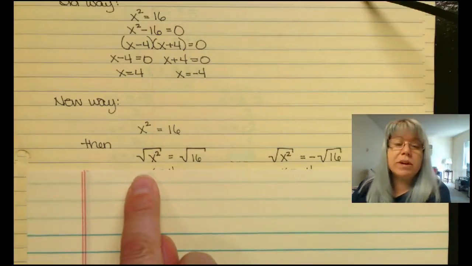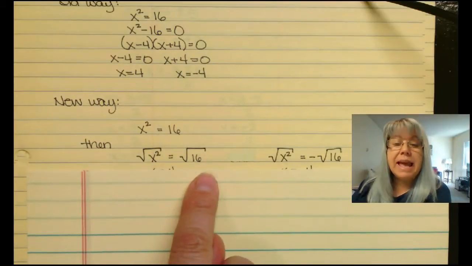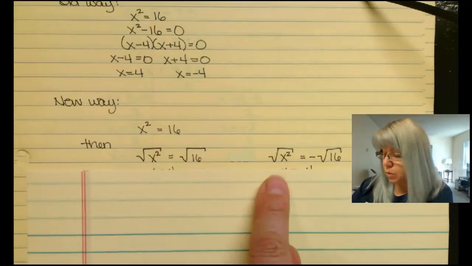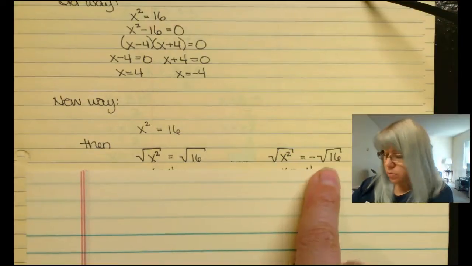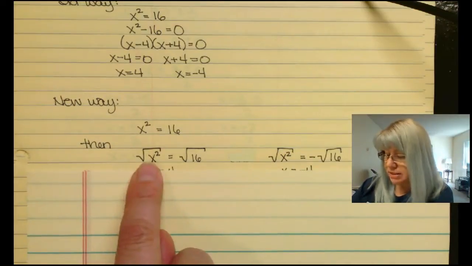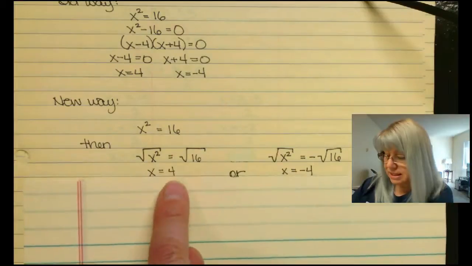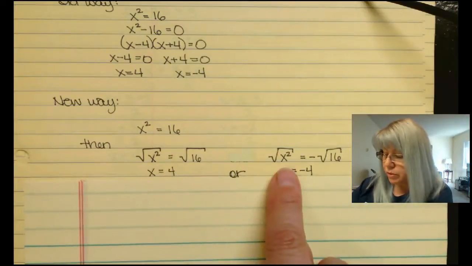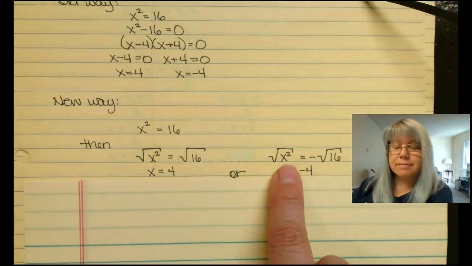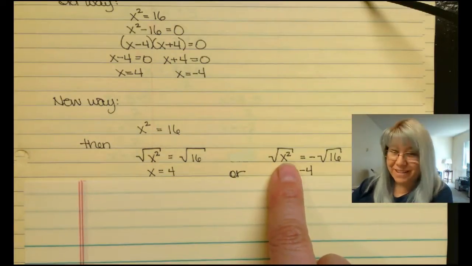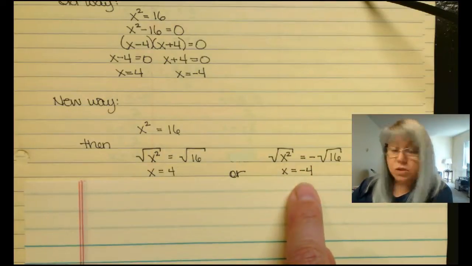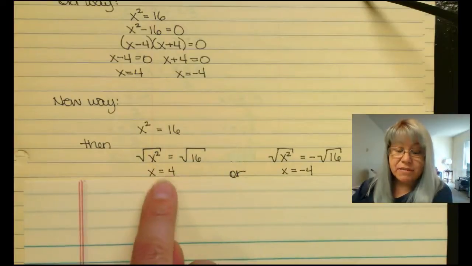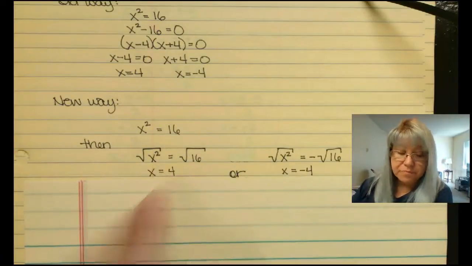The square root of x squared will equal the square root of 16, and it will also equal negative square root of 16. Well, the square root of x squared is x, and the square root of 16 is 4, and the negative square root of 16 is negative 4. So our solution set is negative 4 and 4.